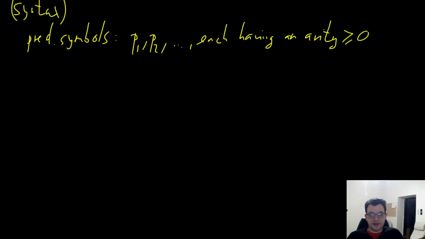Predicate symbols are usually denoted by P1, P2, and so on, Q, or names like even, odd, and so on, each having an arity. It's also an arity of at least 0, so 0, 1, 2, or something like that.